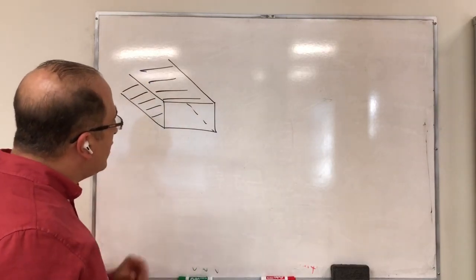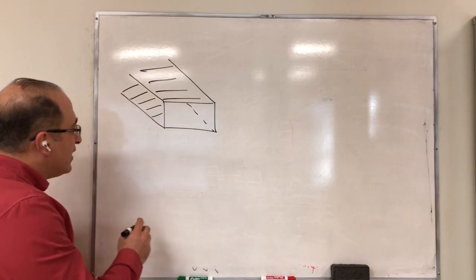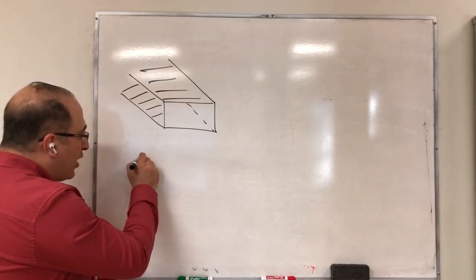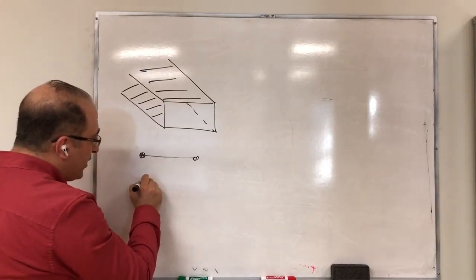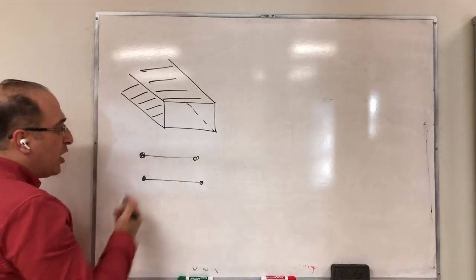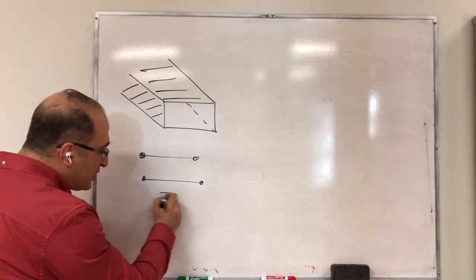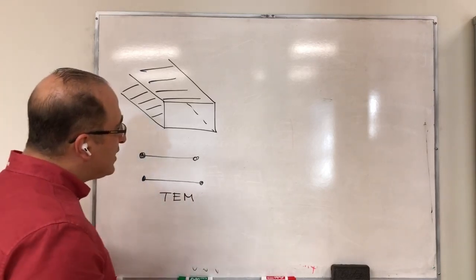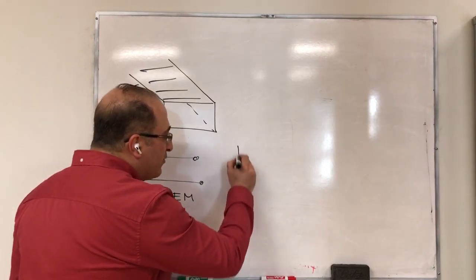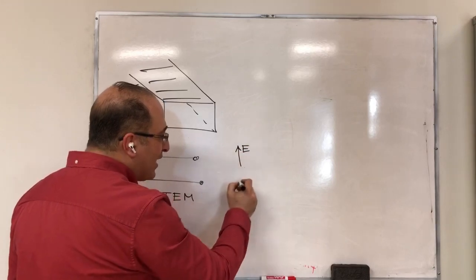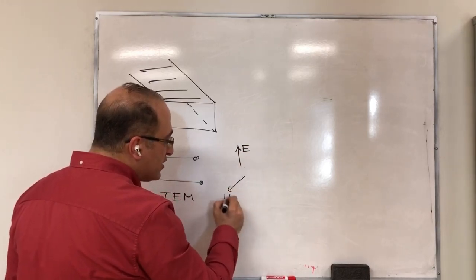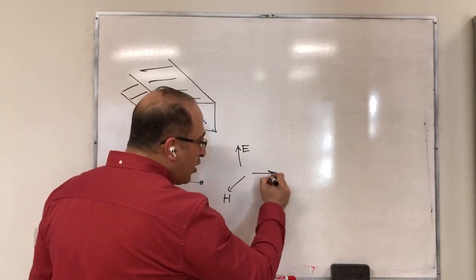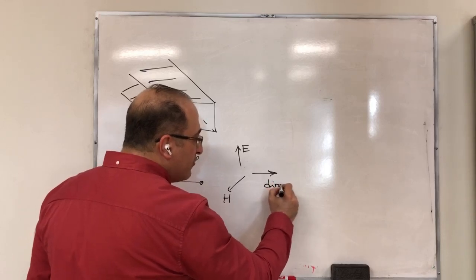So one thing I've mentioned is that when you have a two-wire transmission line, essentially two conductors, you have the chance to have a transverse electromagnetic wave. That essentially means your electric field and magnetic field, for example this one, are both perpendicular to the direction of wave propagation.